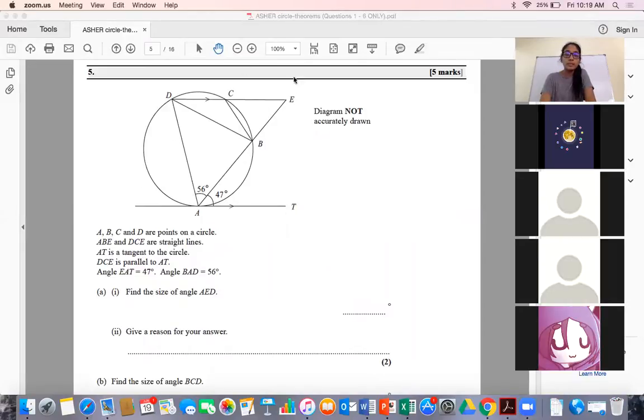A, B, E, and D, E, E, they are straight lines. Tangent to the circle. D, C, E is parallel to AT. So there's a lot of information going on here.